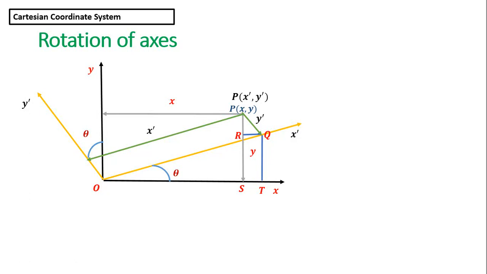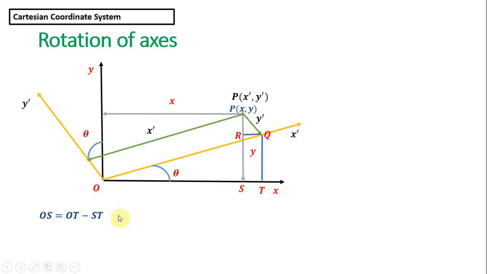Now our geometry is ready for derivation, and first we take the horizontal axis. Here you can see that this equation holds: the OS line is equal to the OT line minus the ST line.